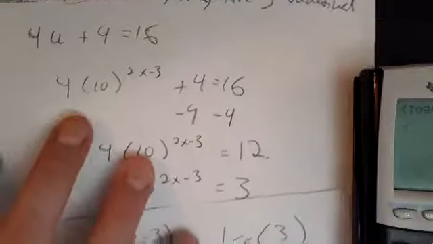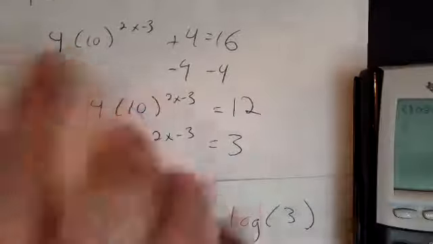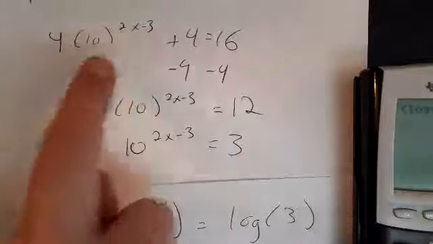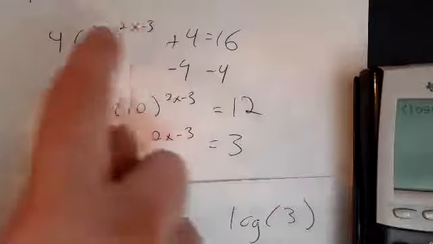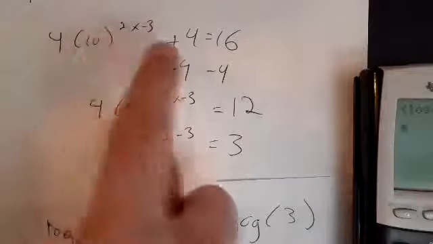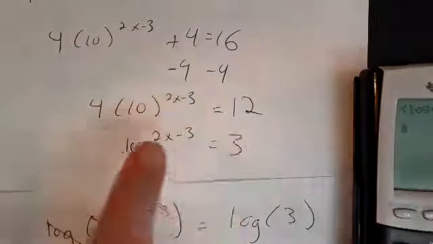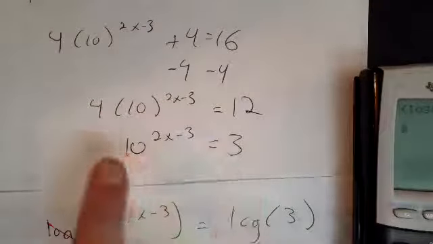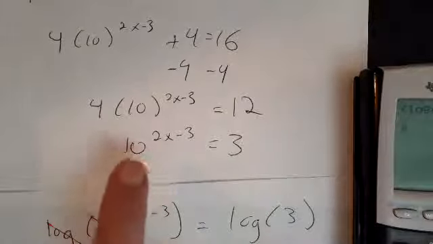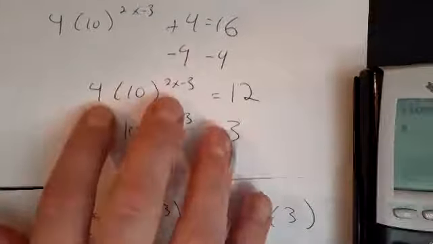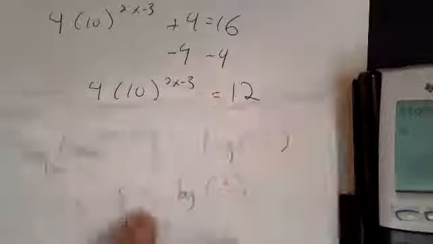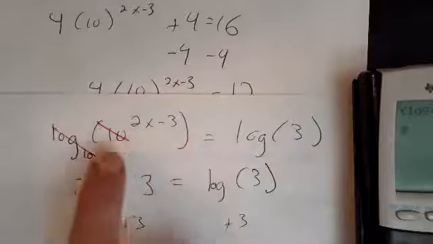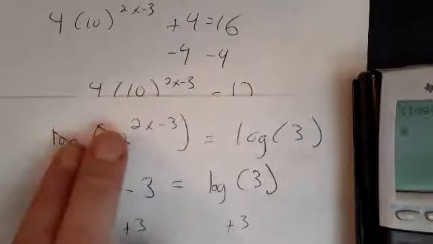So, a quick recap of what we did here. We have this crazy thing. We need to get just this exponential term by itself, so we subtract the 4 and divide by this 4. Now we have the exponential by itself. It's a base 10, so to get rid of the base 10, we take a log base 10 of both sides. It gets rid of our base 10, like we wanted.